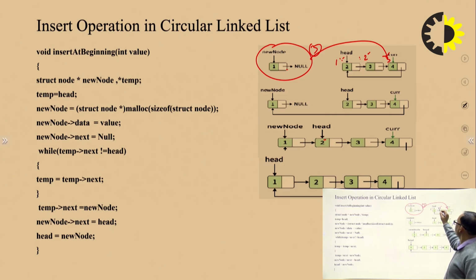Suppose this is node 2. So n2 arrow next is equal to new node, and new node arrow next equal to n3. By using similar steps, we can insert a new node after a given node, or at a given position we can insert a new node.